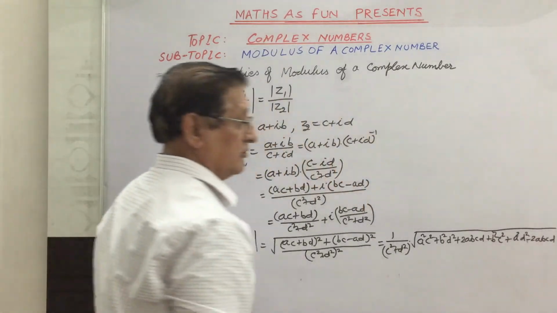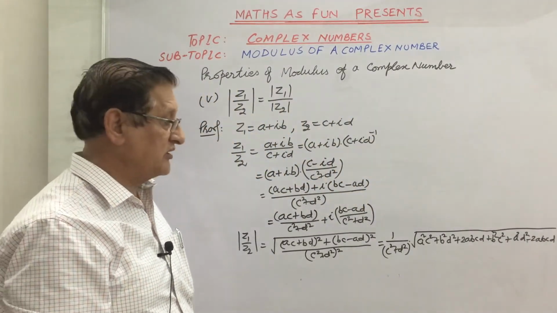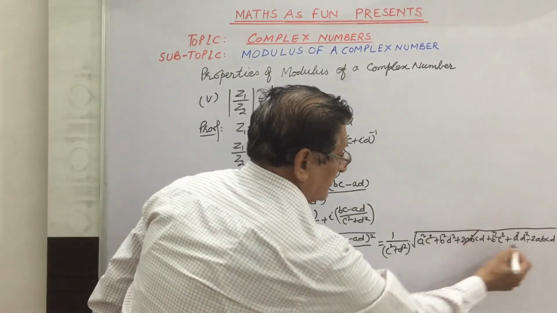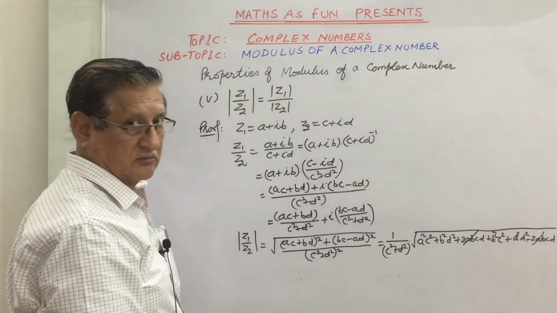We know the square of a plus b and a minus b. We find that 2abcd and 2abcd get cancelled.